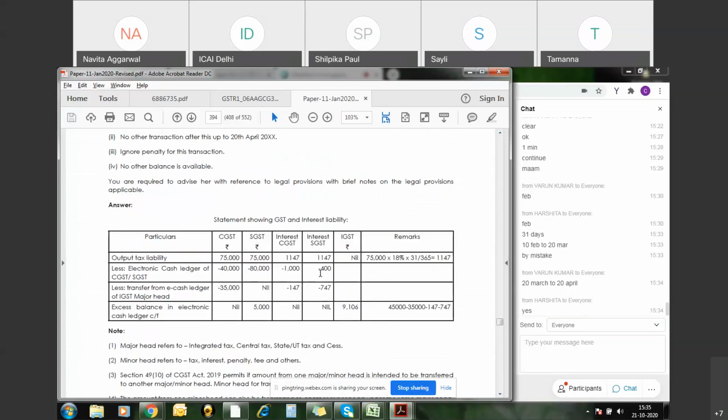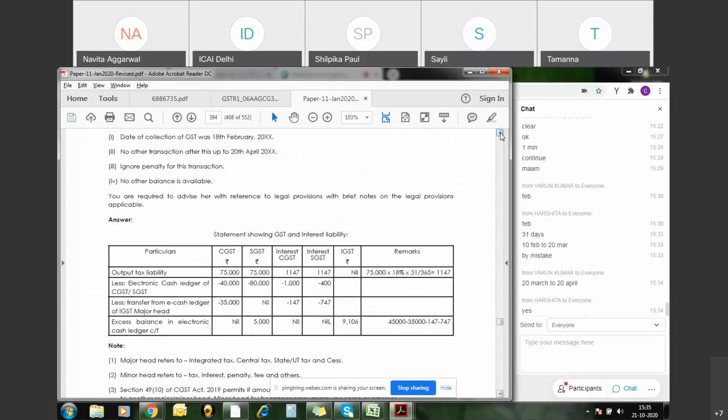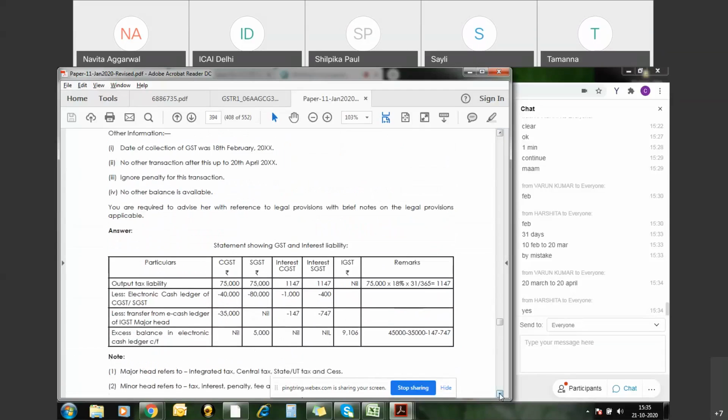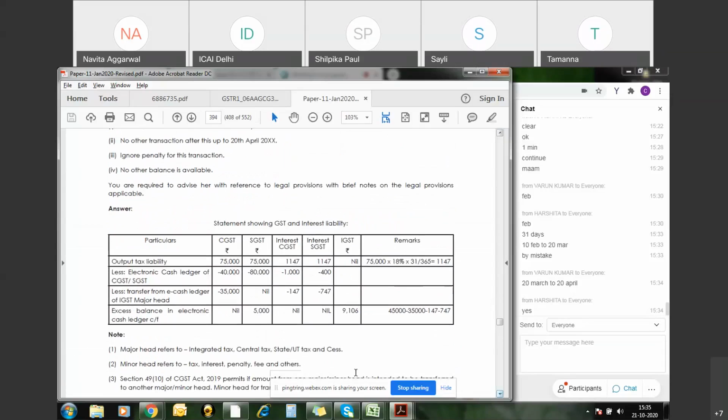Similarly, you have used the balances available for the interest under SGST. Seeing once again the balance available, it is CGST 1000, SGST 400. First the liability is set off against the balances available in the cash ledger. Then if there is any leftover, that is met or paid through the cash ledger. Now they said there is a further liability of 35,000.